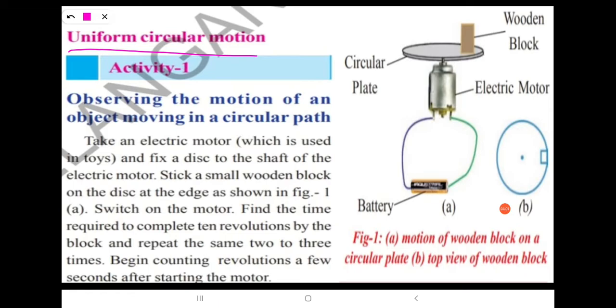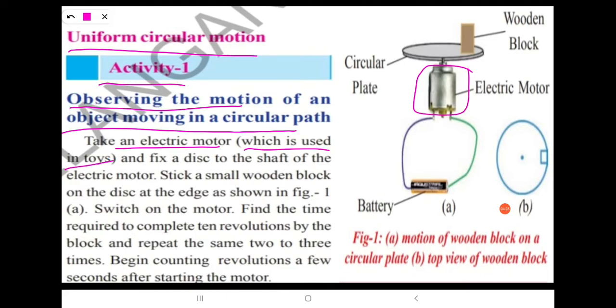Now, we are going to perform activity 1, observing the motion of an object moving in a circular path. We need to take an electric motor which is used in toys. Here you can see the electric motor in the picture.